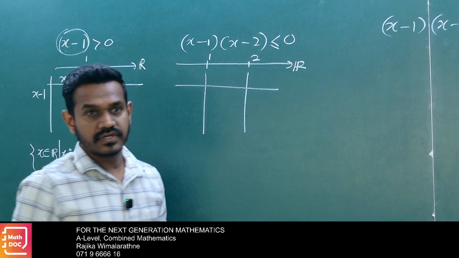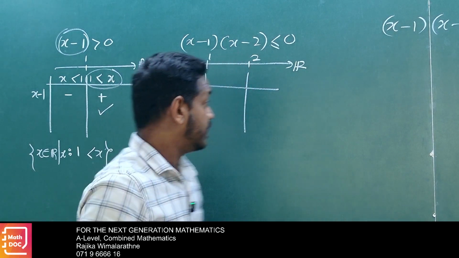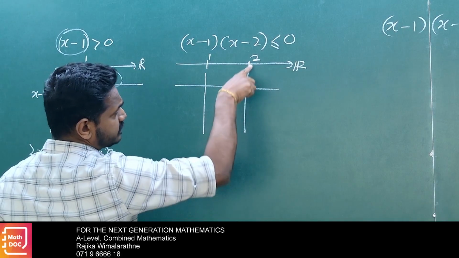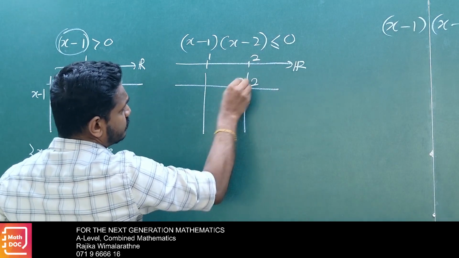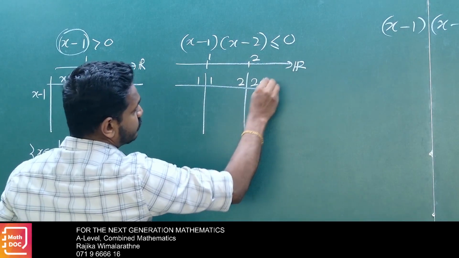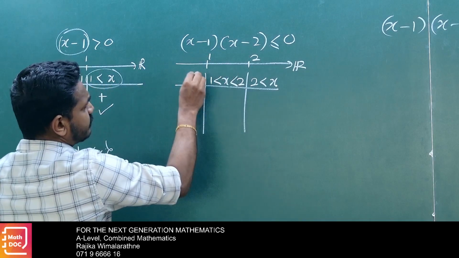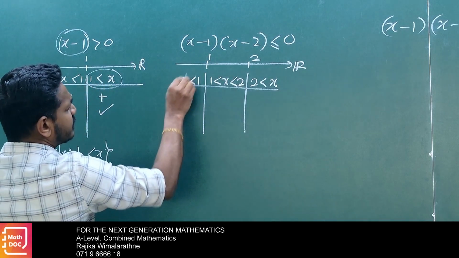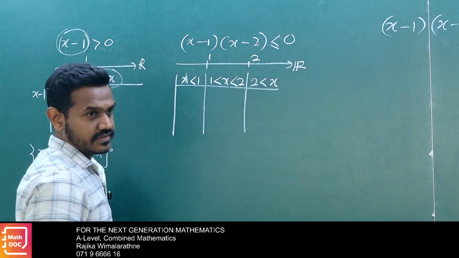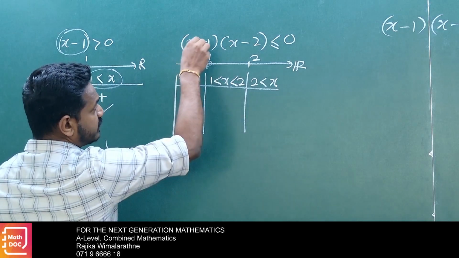That's how we do it. Previously we did that one with the number line. Now go to this. Here we have 2 columns, 3 columns: put 2 and 2, 1 and 1. Values greater than 2, values in between 1 and 2, values less than 1. Now here we have 2 factors. The smallest one is 1, the corresponding factor is x minus 1.